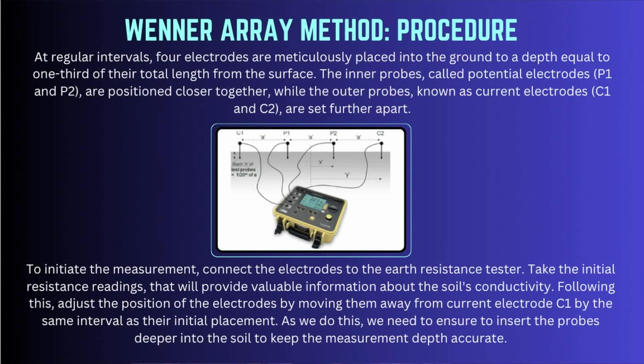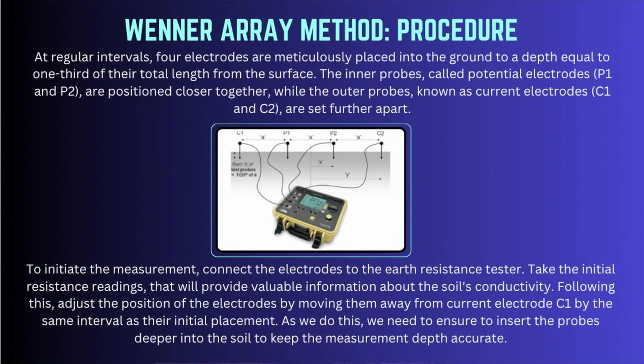The inner probes, called potential electrodes P1 and P2, are positioned closer together, while the outer probes, known as current electrodes C1 and C2, are set further apart. So this configuration is vital for accurately measuring soil resistivity with an earth resistance tester.